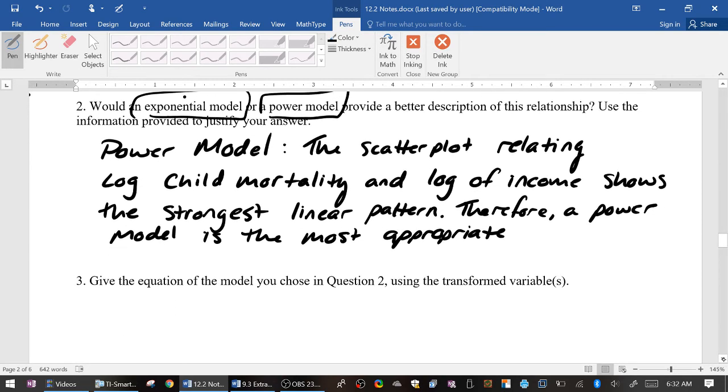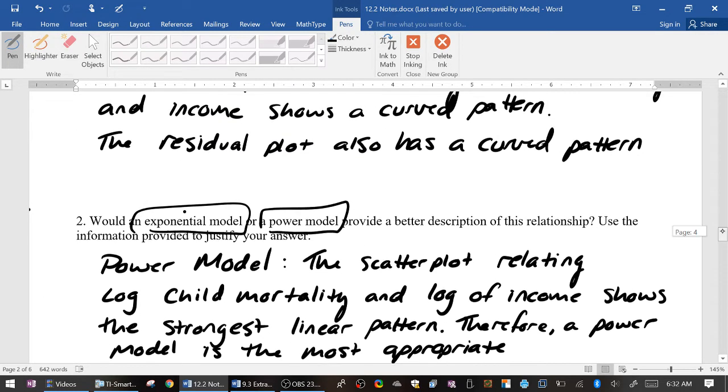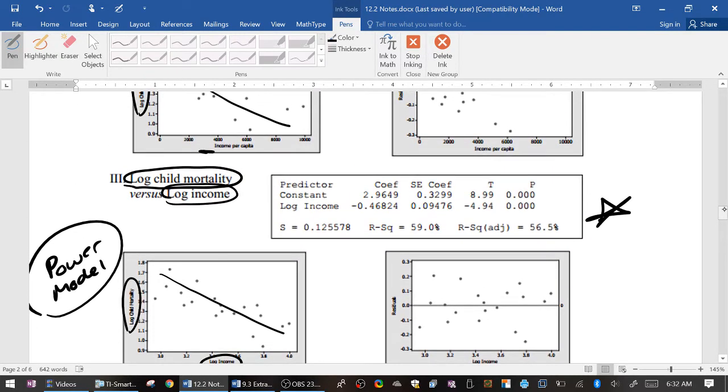Okay, so now here's the new part. It says, give the equation of the model you choose in question 2 using transformed variables. Okay, so like I said, we are going to be using this table. Probably going to write this equation up top. Okay, so our normal equation looks like y hat equals a plus bx, right? All right, so here's our y-intercept. Here is our slope.